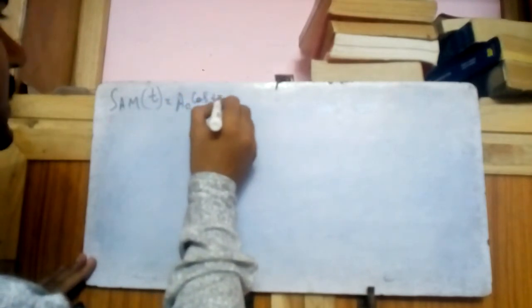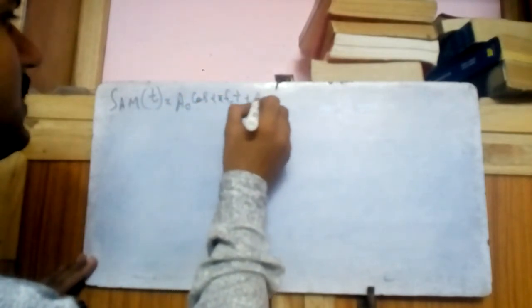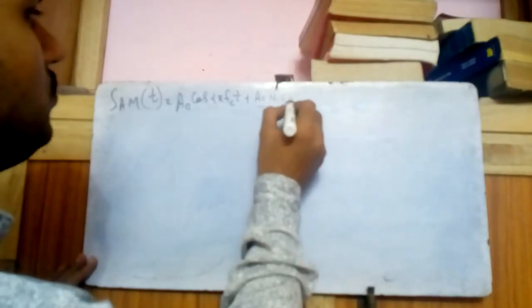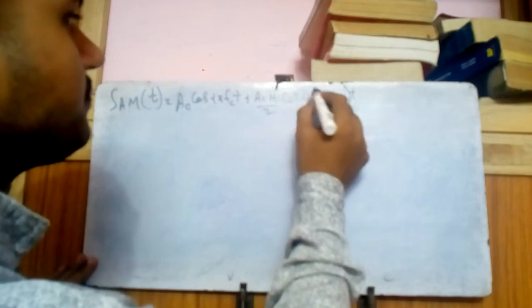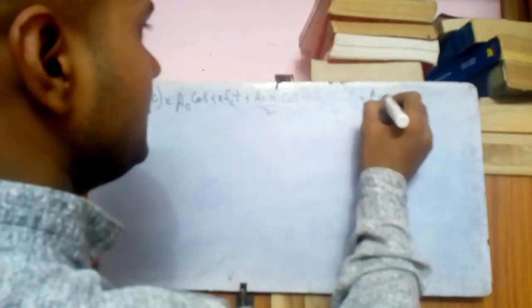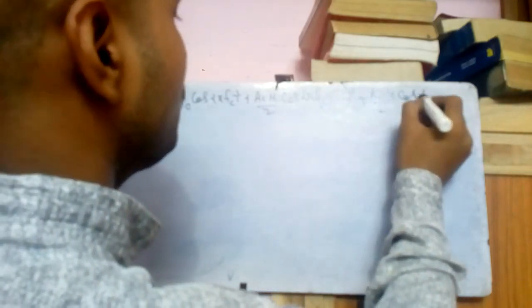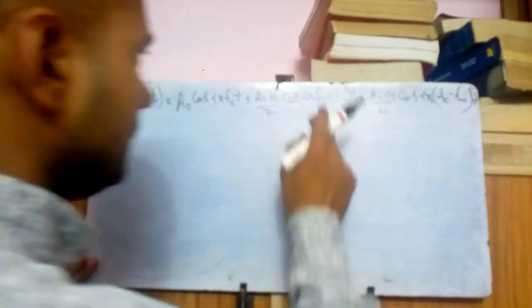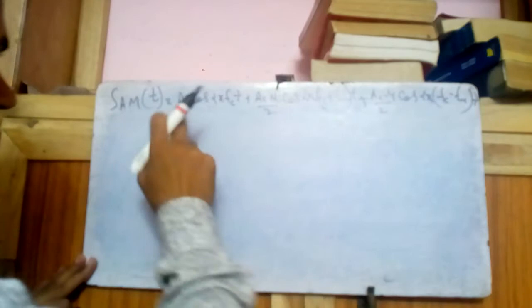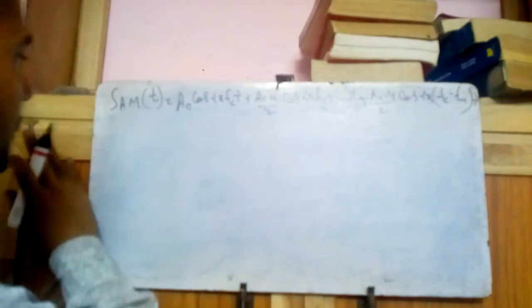AC cos 2 pi FC t plus AC mu by 2 cos 2 pi (FC plus FM) t plus AC mu by 2 cos 2 pi (FC minus FM) t. This is the upper sideband, this is the lower sideband, and this is the carrier component.